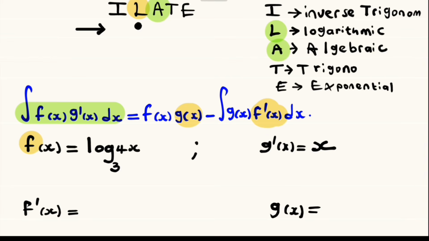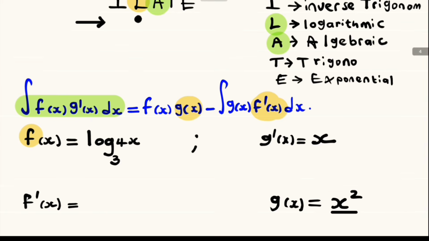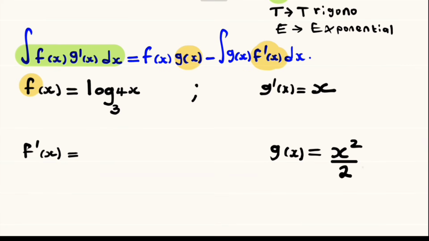The integral of the g prime of x, the integral of x, will be x squared divided by 2, and the derivative of the f of x to get the f prime of x will be 1 divided by the ln of the base. The base is 3, so we have ln 3, and we just put that inner function, the 4x, in the denominator as it is, and we multiply the numerator with the derivative of the inner function.